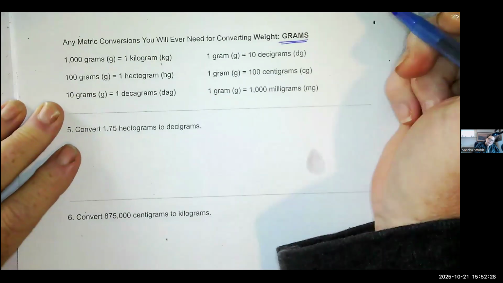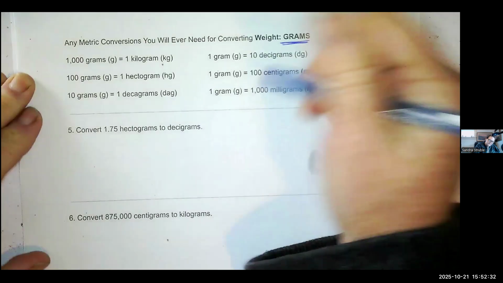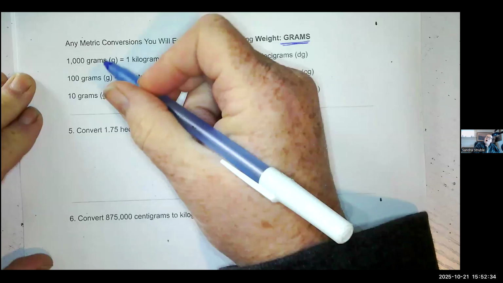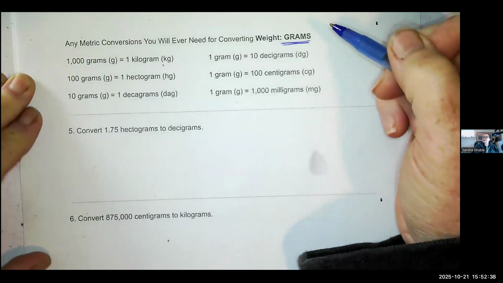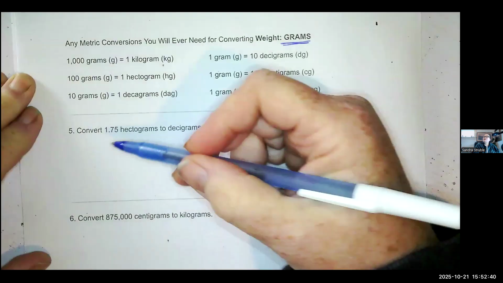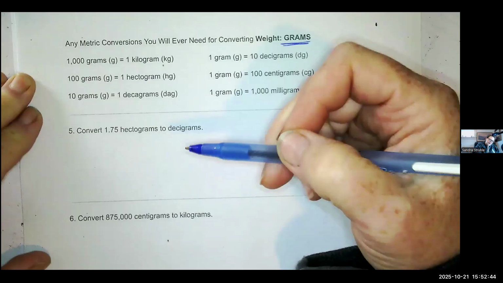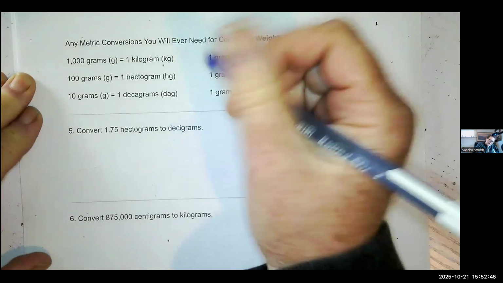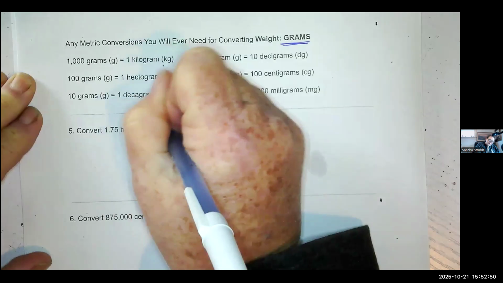With different prefixes. And you'll notice again, I did the same thing that I did with the meters. So again, you can always get from one conversion to another in 2 steps, just by using grams as your base. So we're going to go from hectograms to grams to decigrams.